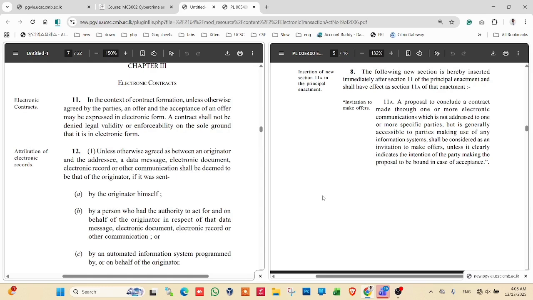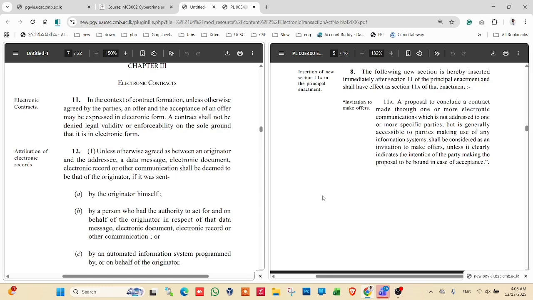So let's say there are two parties, A and B. Tell me how a contract works between A and B. A is the first party, B is the second party. Fine. Now tell me anything about a contract between A and B, according to your understanding of a contract.